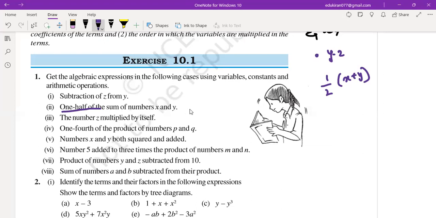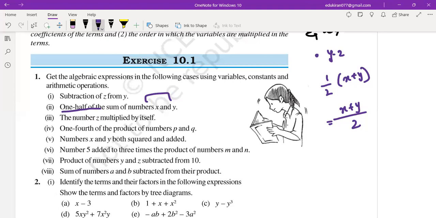It would be sum of x and y and half. As it is "of", it's like multiplication, right? When you multiply x plus y with 1, it becomes x plus y, and half comes there as a denominator. Fine.